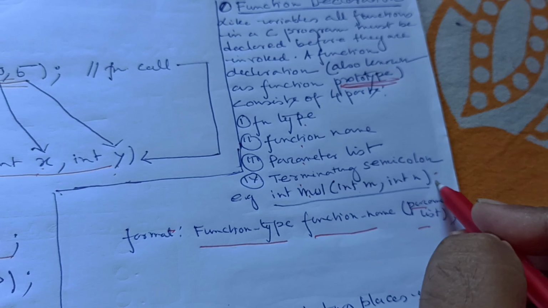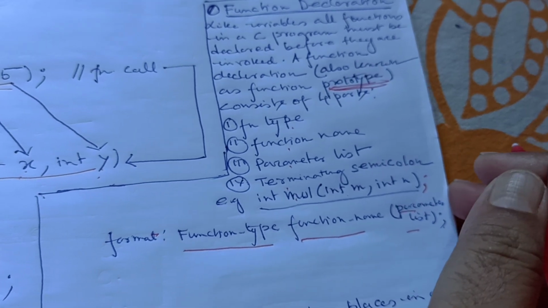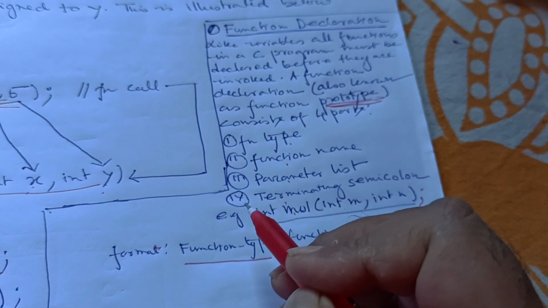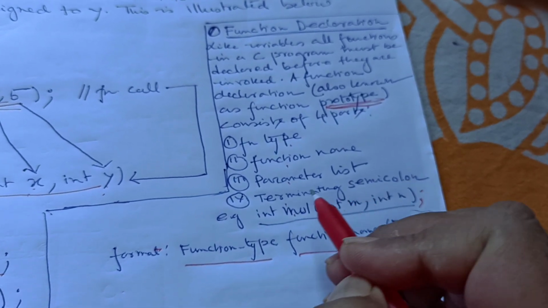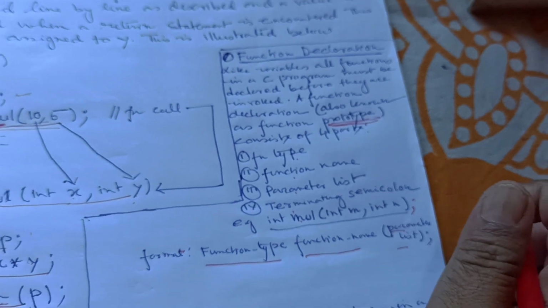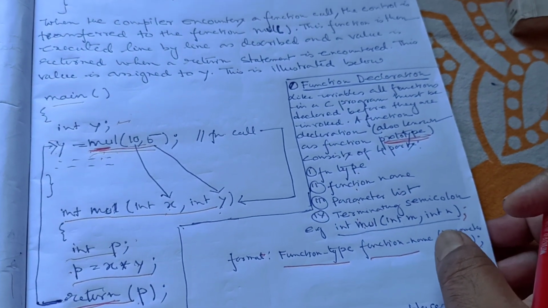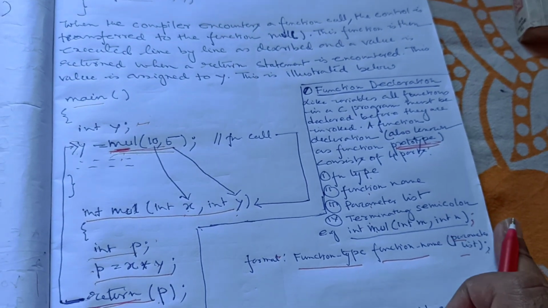Then we must give a semicolon. This complete statement is known as prototype declaration or function declaration. Though function declaration is not mandatory, we should use it.